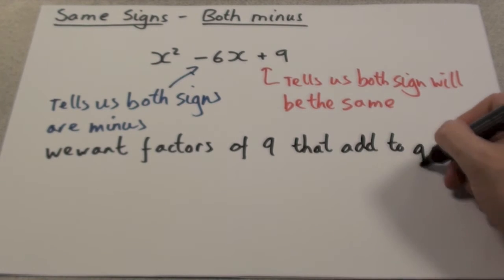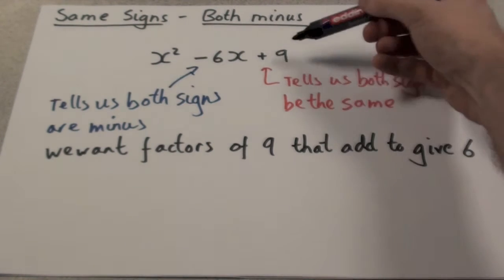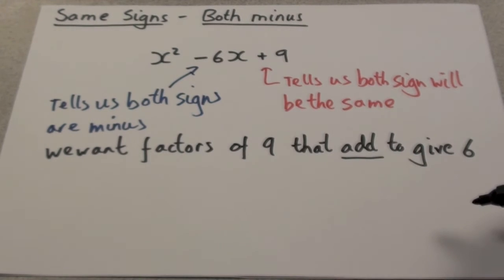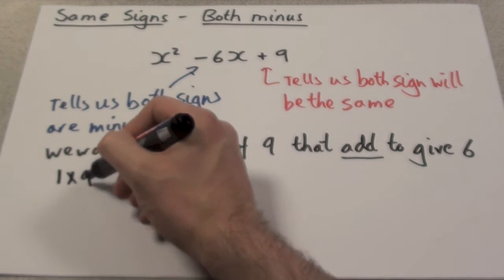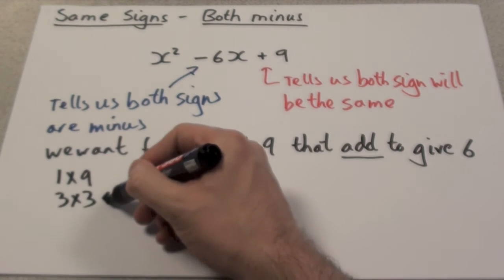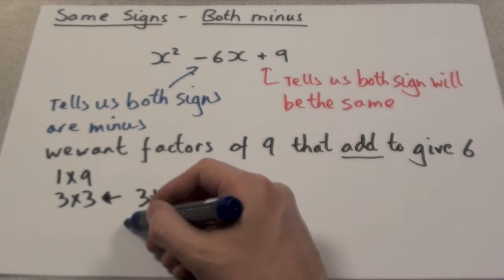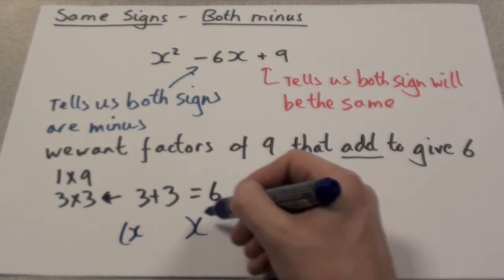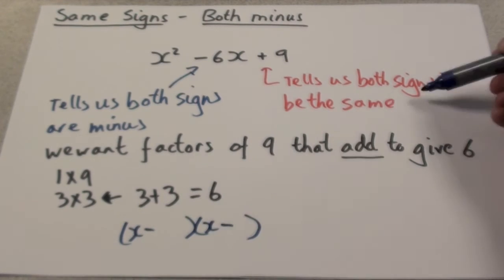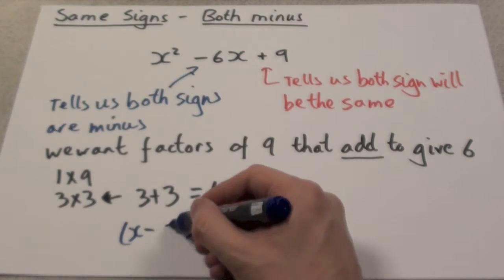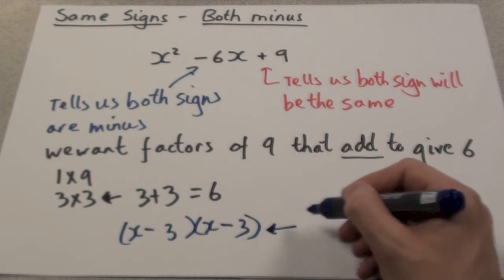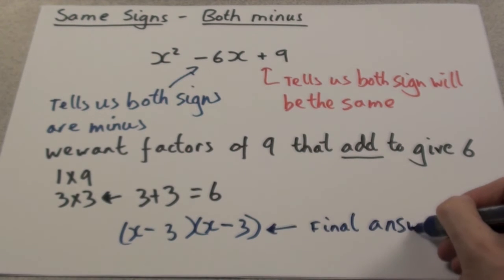So we look at our factors of 9. We've got 1 times 9, and 3 times 3, and we're going to stop at 3 times 3 because they add up to give us 6. Again, we set up our brackets with the x at the start. We put 2 minuses in because both signs are the same and they're both minus, and we just put our 3's in. This is our final answer.